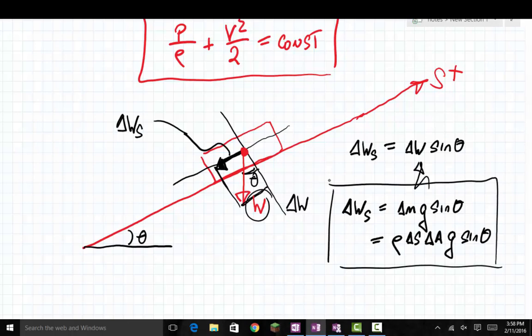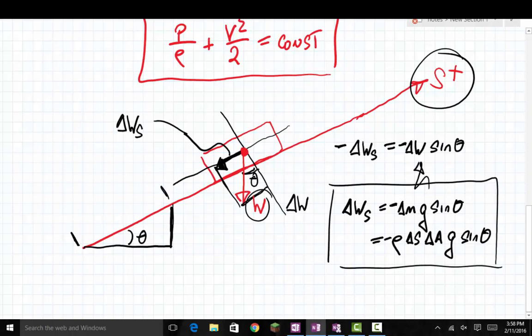Now, one thing, again, we have to put it in terms of it being a vector quantity. So if S is positive, its effect is negative. But that's when we're going to add it into the sum of the forces. Now, the last thing we need to do is, what about this sine of theta? We really don't want to be in terms of sine of theta.